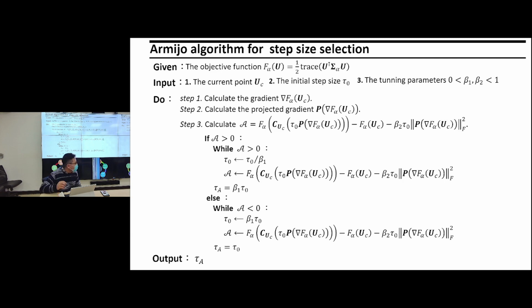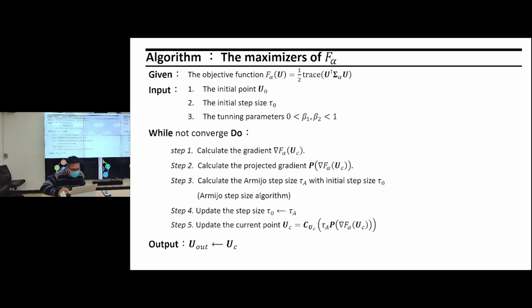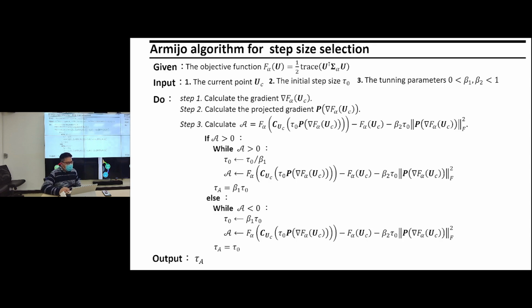On the other hand, if A is negative, then we have to shorten the step size. So by this algorithm, the output is tau A, the Armijo-Hall step size, to calculate the feasible step size. So this is the Armijo-Hall algorithm for step size selection.